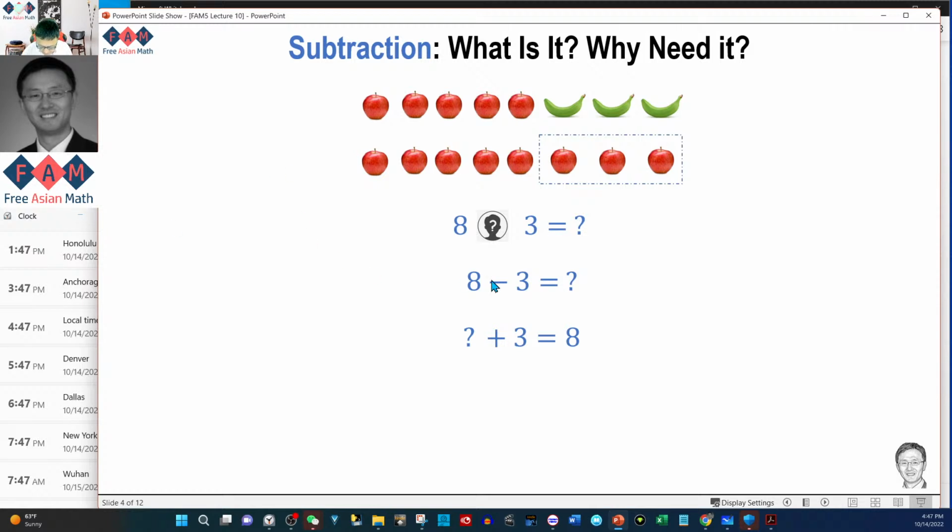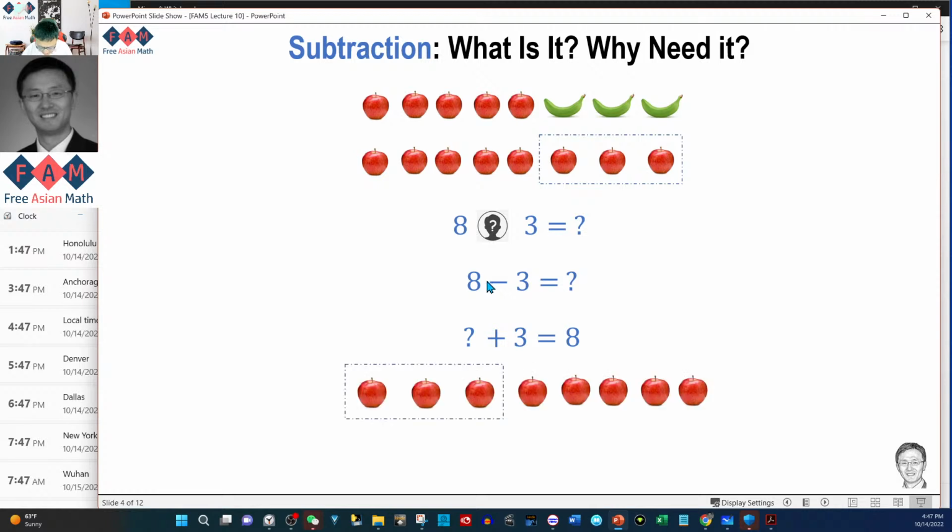Okay, so now let's take a look at a slightly off-track issue. Since we are removing 3 apples from a total of 8, if we start with aligning the apples on the line, 8 apples in a row, does it matter from which end we remove the 3 apples?